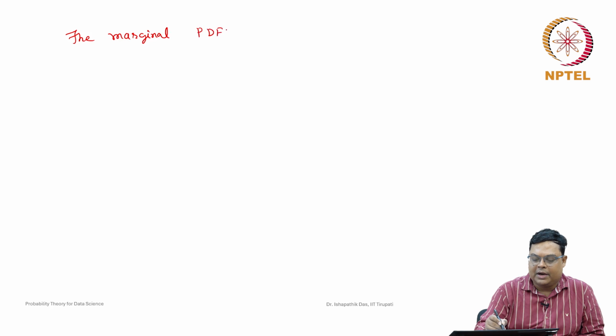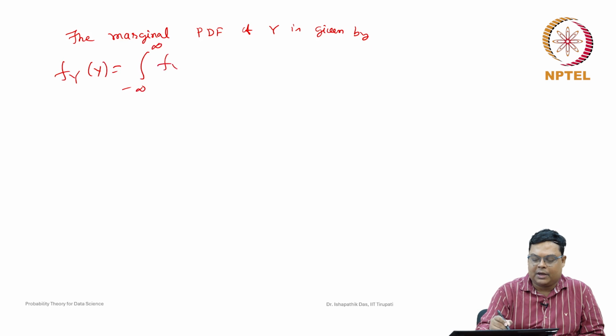Now, similarly, the marginal probability density function of y is given by f of y, y, which is nothing but the integral from minus infinity to plus infinity of f x y, x y. Now, we will do the integration with respect to x.